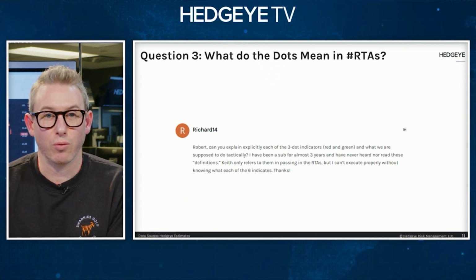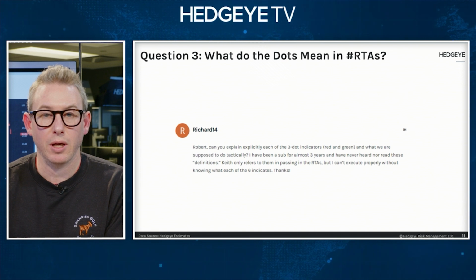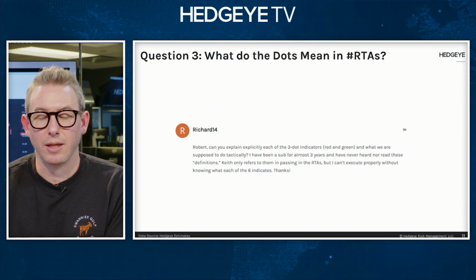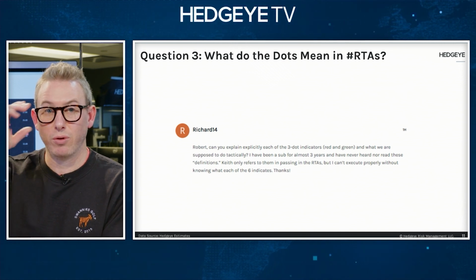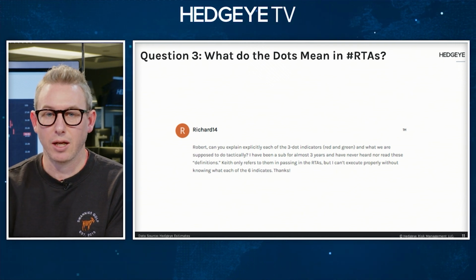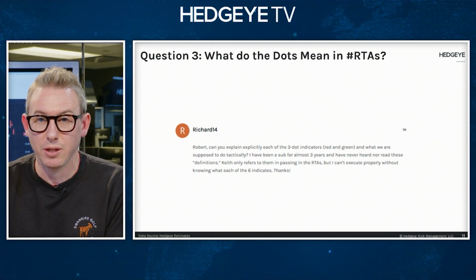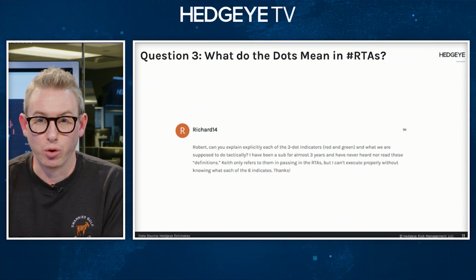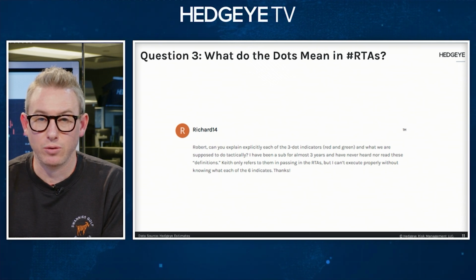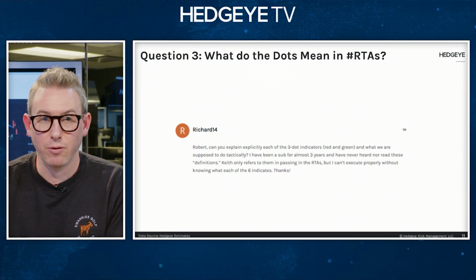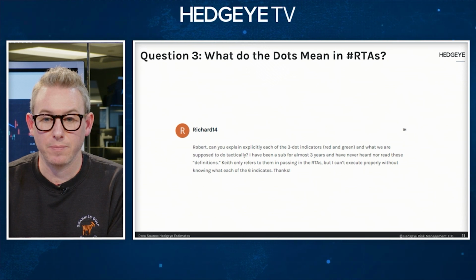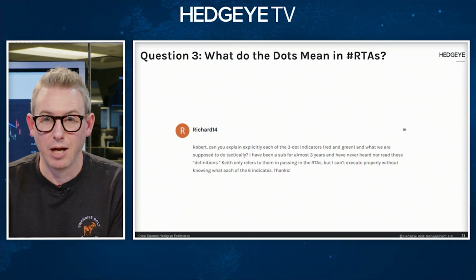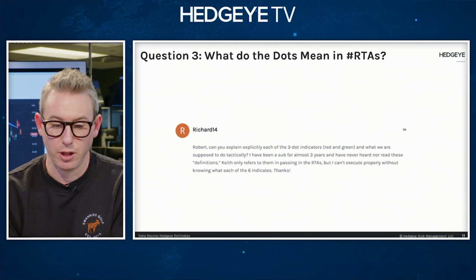So really, Richard, please don't take this the wrong way, but I think you may be overthinking the three dots and what they mean and the definition and that kind of thing. It's purely a timing situation, and the fact that Keith caps himself at only being able to signal the trade 3 different times to subscribers. So he really focuses very, very hard on getting the timing right for all of us within the RTA product.